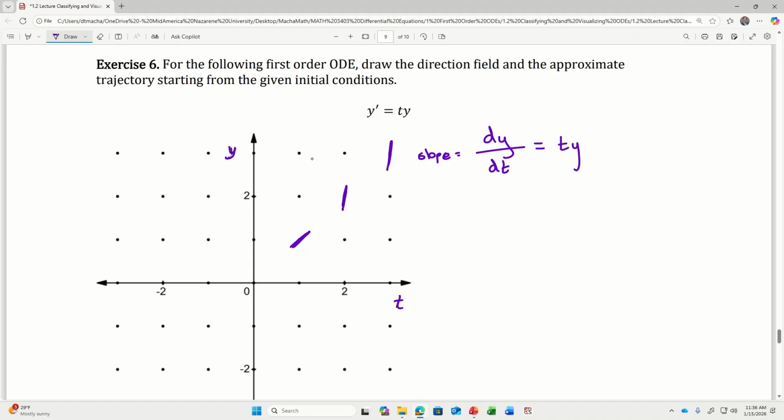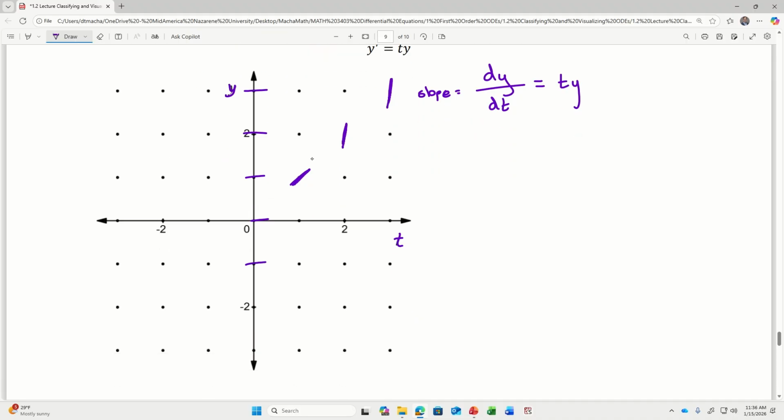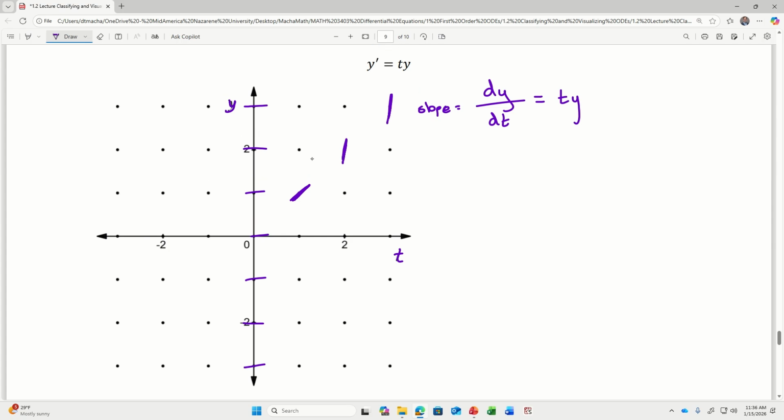So I'm not going to explain every single one of these, but for example, if t is equal to 0, then the slope is 0. It doesn't matter what y is, right? Because 0 times anything is still 0. So everywhere where t is 0, I'm going to have a flat line segment, because my slope will be 0. Anywhere y is 0, I also have a perfectly flat line segment, because t times 0 is 0, so the slope is 0 when y is equal to 0.